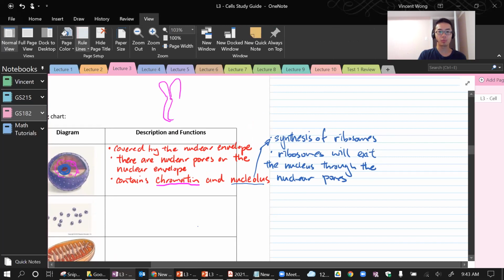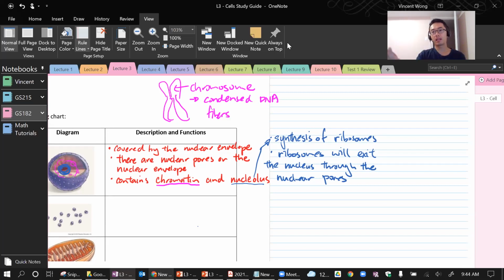So you've probably seen chromosomes drawn like this. Chromosomes are condensed DNA fibers. Think of sewing threads. The sewing thread is DNA, but when you crumble it together and make a ball, condensing it, it's much more visible compared to a single thread. Essentially, that's what a chromosome is.